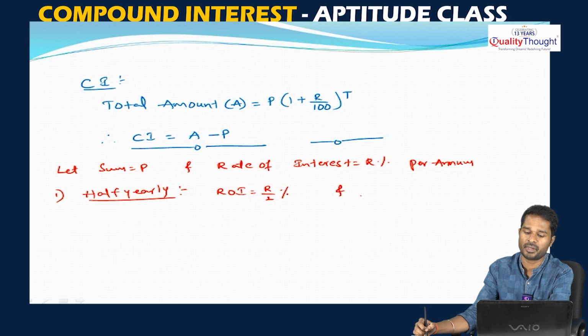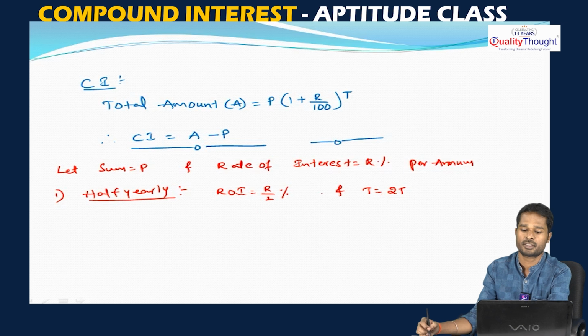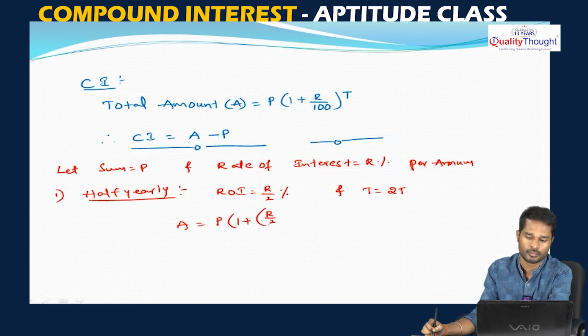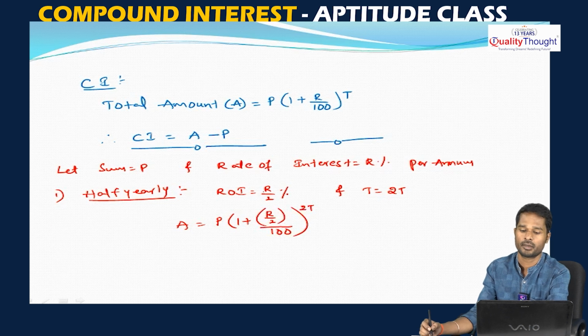The time period T will become 2 into T, because T is 1 year, 2 into 1 is 2 half years. So the total amount will become P into (1 plus (R by 2) by 100) whole power 2T.